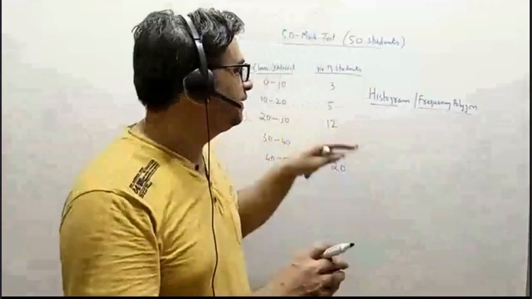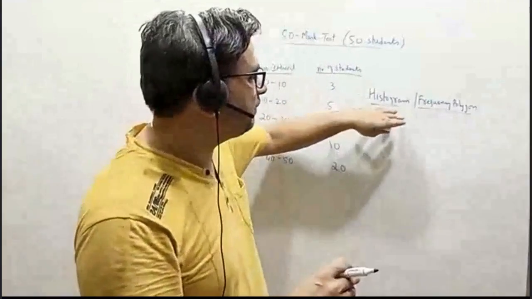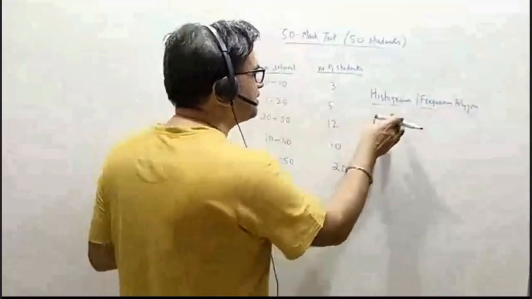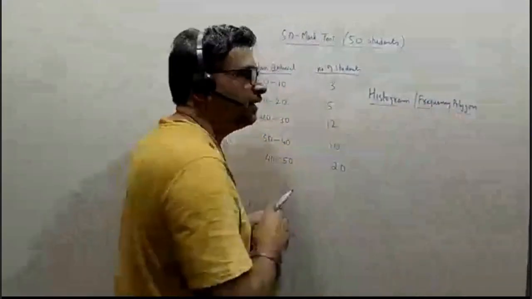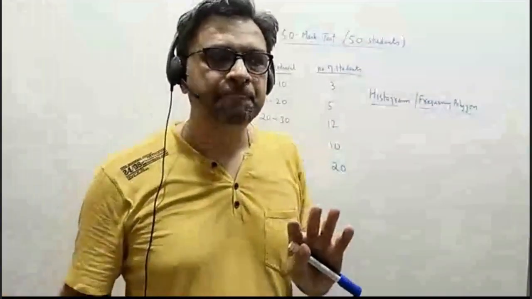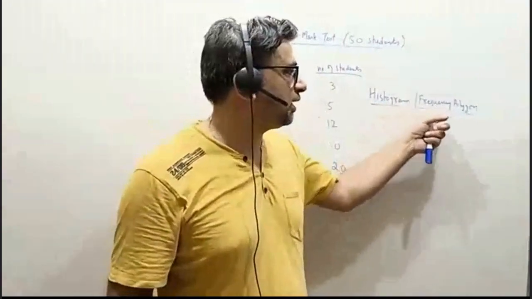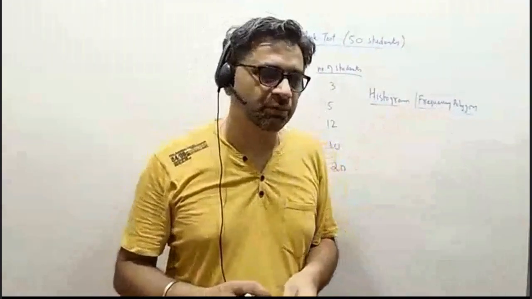But tea and puri are different occasion eatables. What I'm trying to say is this data can be represented using a histogram or a frequency polygon, meaning histogram and frequency polygon are like tea and coffee. Same data can be represented using a histogram or a frequency polygon.